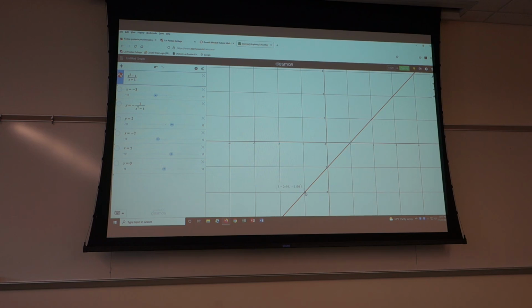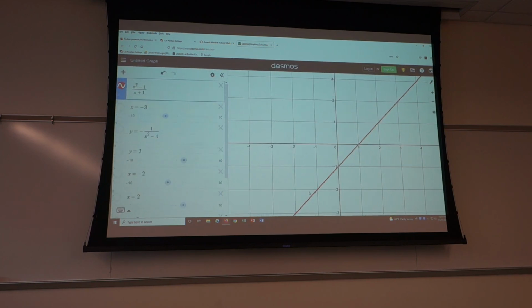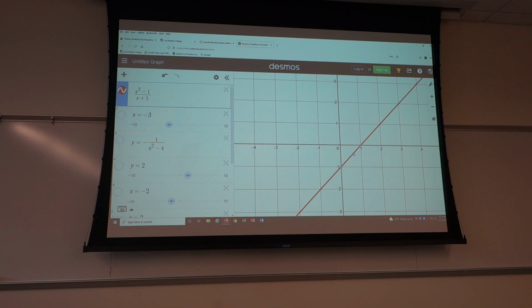Can anyone see that? Here, I'll try to make it bigger. Does everyone see that? At negative 1, it's undefined. There's a hole there, but it's infinitely small, so it's just at that one spot.